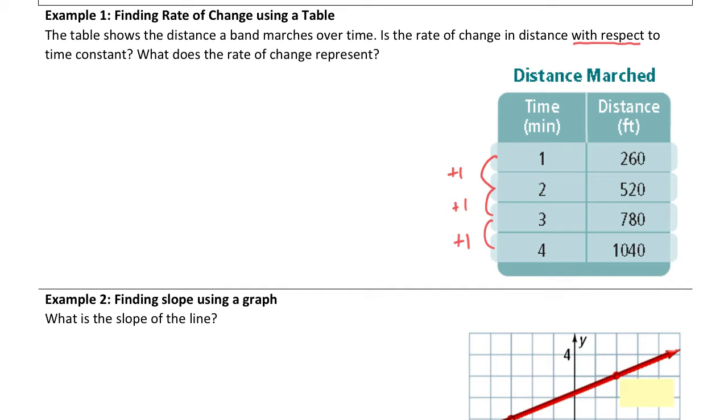Now, when we look at the distance, 260 to 520 in feet. That means they traveled 260 feet. 520 to 780, they traveled another 260 feet. 780 to 1040, they traveled another 260 feet.